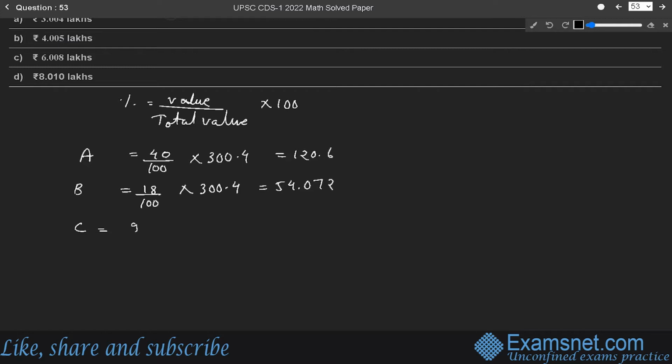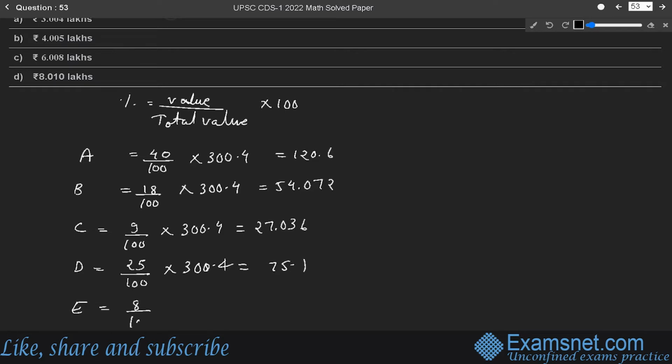C is equal to 9 by 100 into 300.4, which gives 27.036. Similarly, D is equal to 25 upon 100 into 300.4, which gives 75.1, and E is equal to 8 by 100 into 300.4, which gives 24.032. We have found these by using the percentage formula, which is value upon total value into 100.